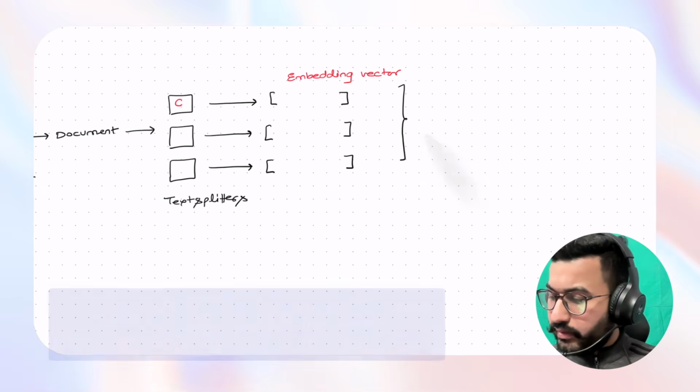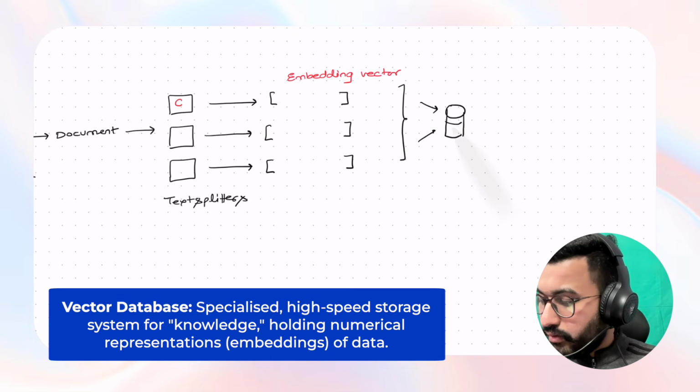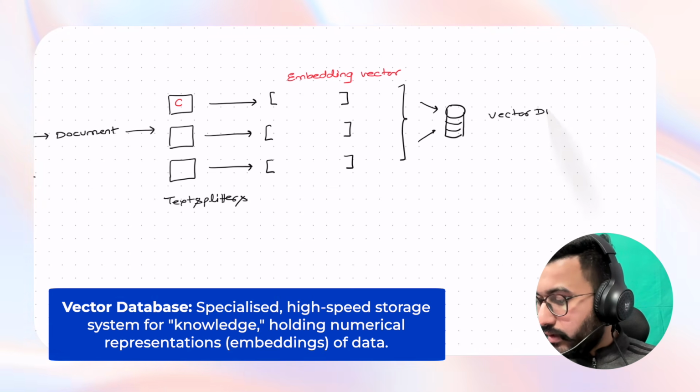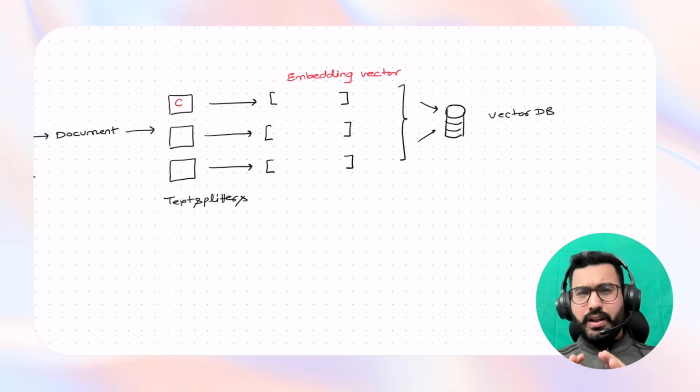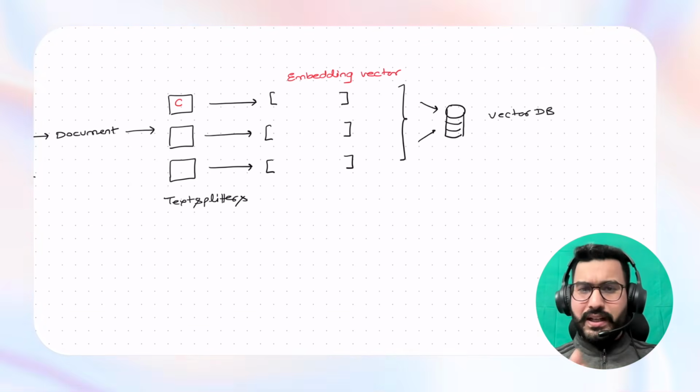this vector database comes into the picture. So this is your vector DB, also known as vector store. Though there is a very minute difference between a vector store and a vector database, as of now, let's assume this is a vector database.